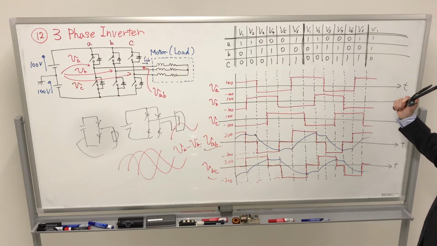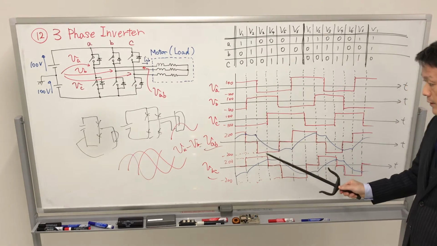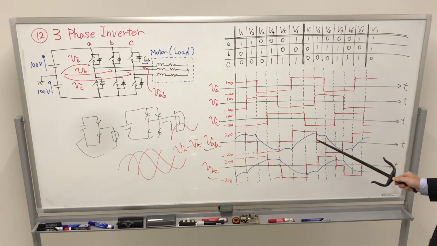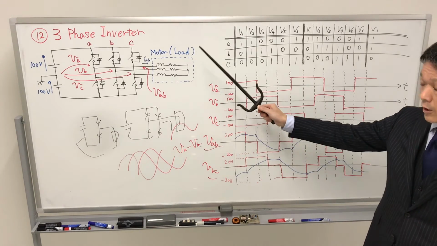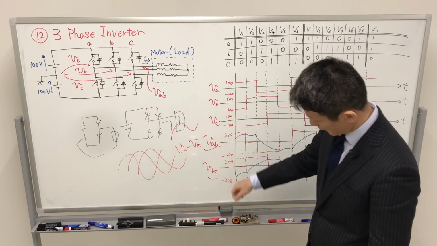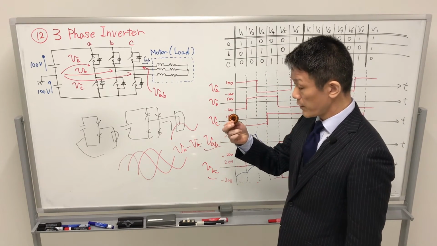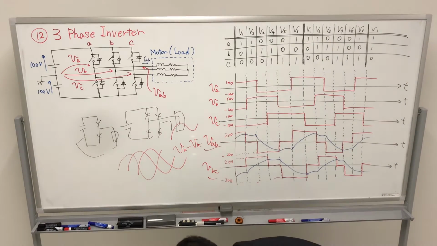Using the transient phenomenon, we can obtain AC current in the case of the load. That is the motor. Motor means the windings, and there is a resistance in the real experimental setup.